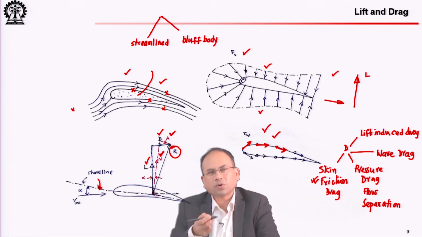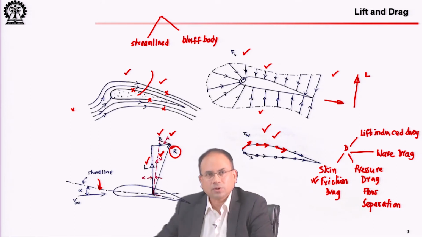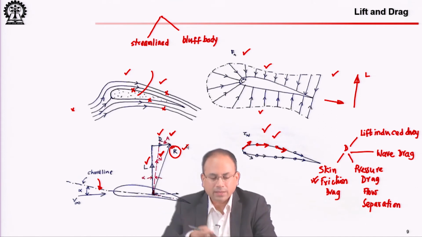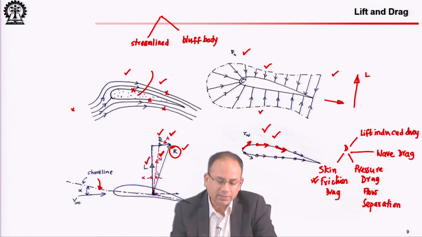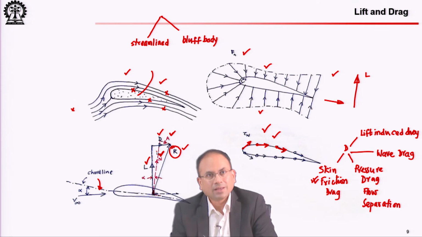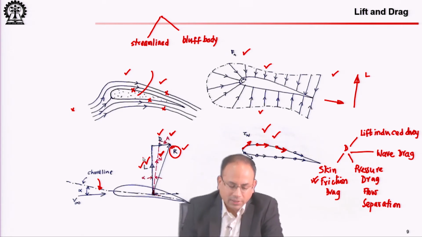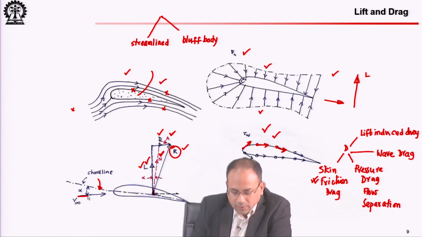So, sometimes for some analysis you might need to resolve the resultant force R in some different way, and here we are resolving it such that A is parallel to the chord line and N normal to the chord line. However, when we say lift and drag, lift is normal to the relative wind direction.